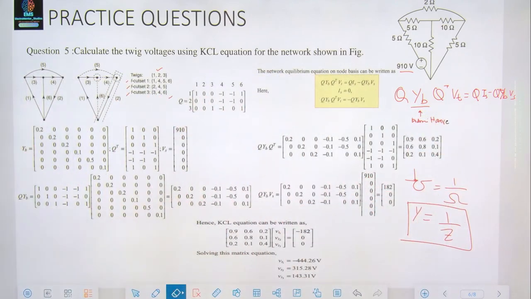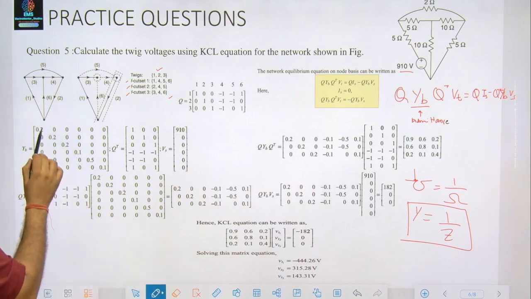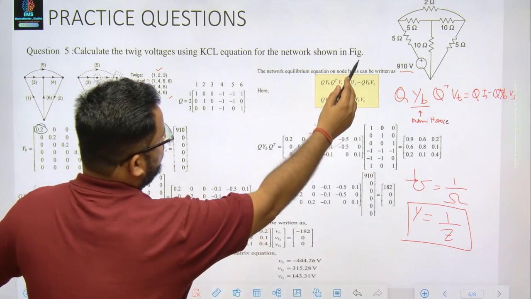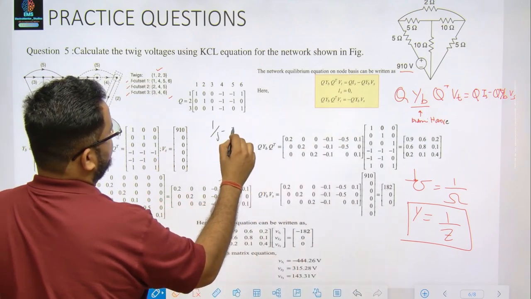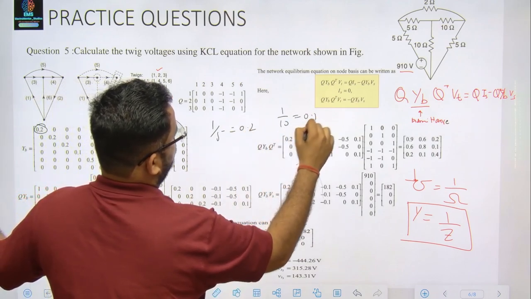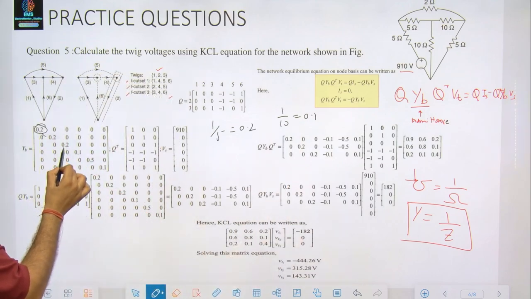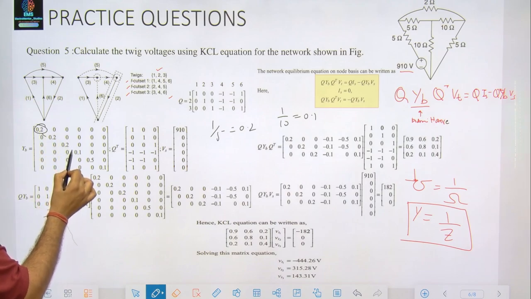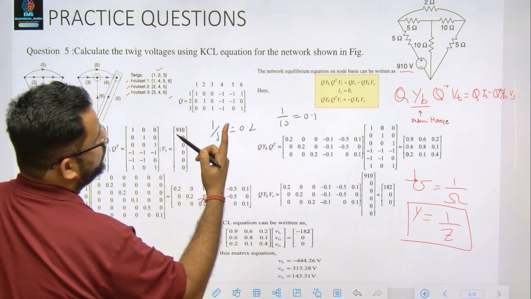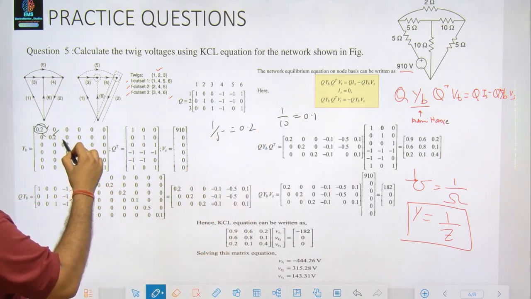Now, how to write the admittance matrix? See, again, in the first row, I have a resistance of 5 ohms. So 1 by 5 is nothing but 0.2. 1 by 10 is nothing but 0.1. These are the two values. So all the branches having 5 ohm resistance have been given the value 0.2.